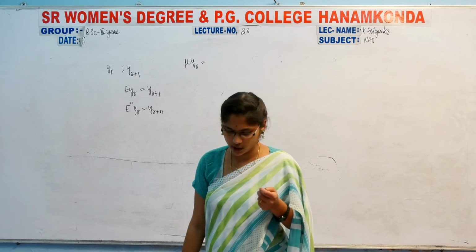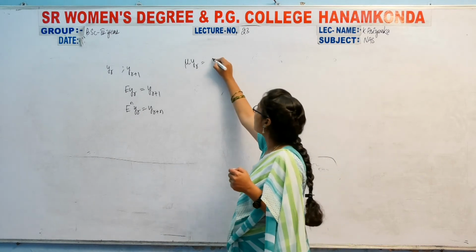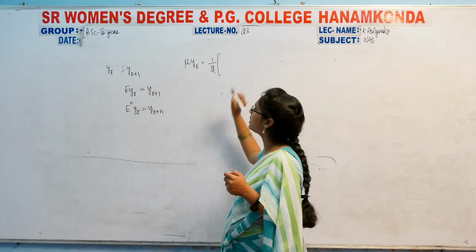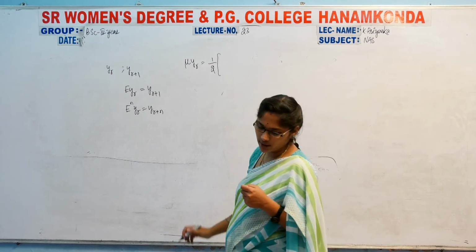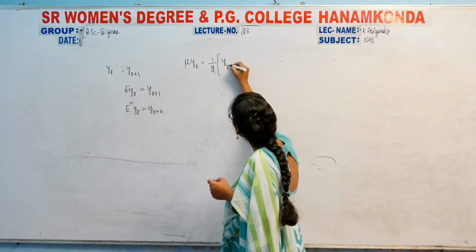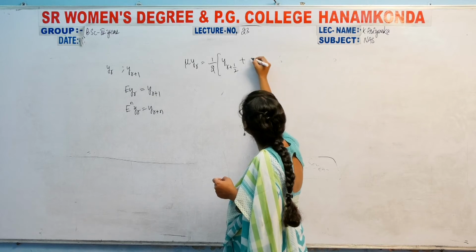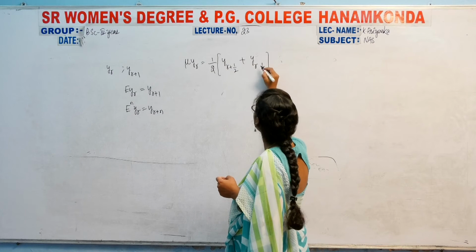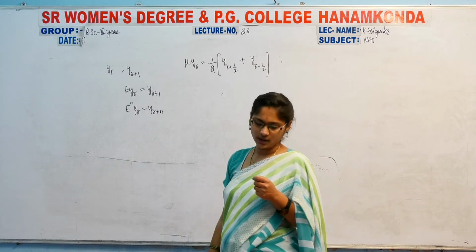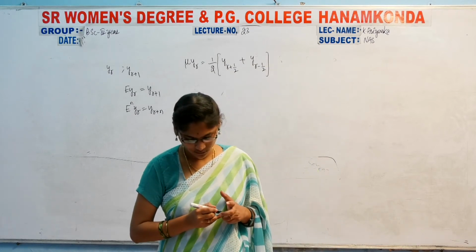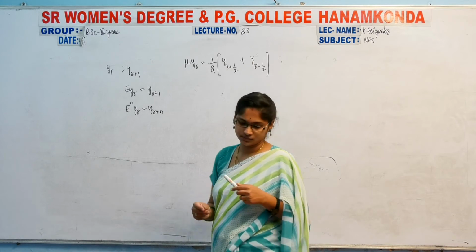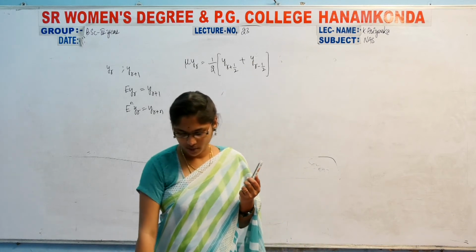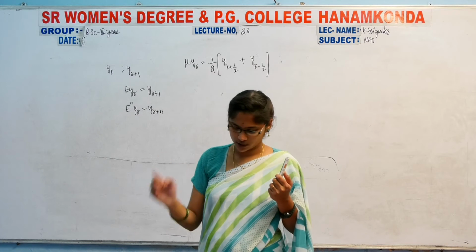Mu yr is equal to the average now. Average means divide by 2, so that's why 1 by 2 of, write down now, y r plus 1 by 2 plus y r minus 1 by 2. Okay, this is the formula of the averaging operator. Just box it.